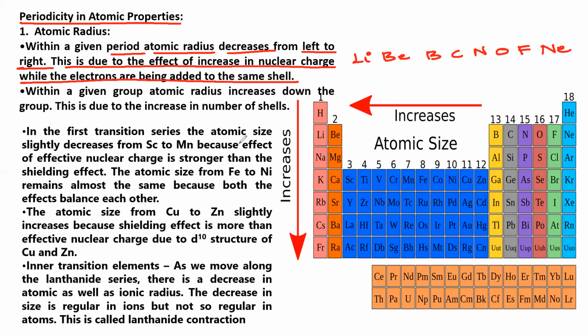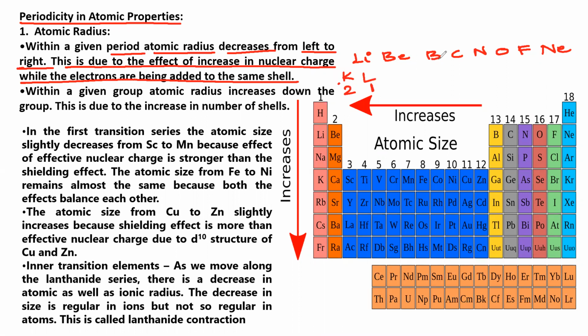For example, what is the configuration of lithium? Atomic number is 3. So K2 L1. I'm writing it properly now. K2 L1.